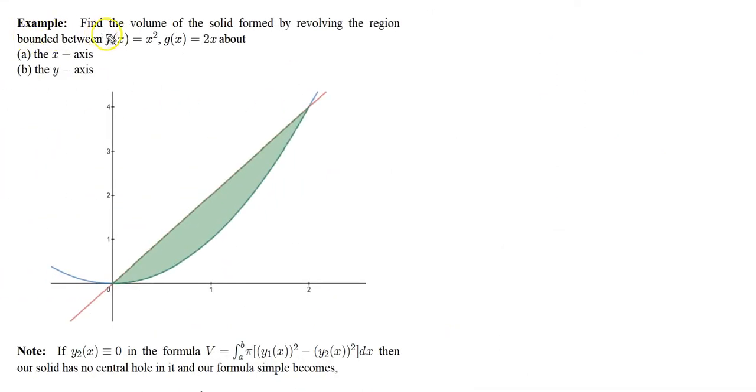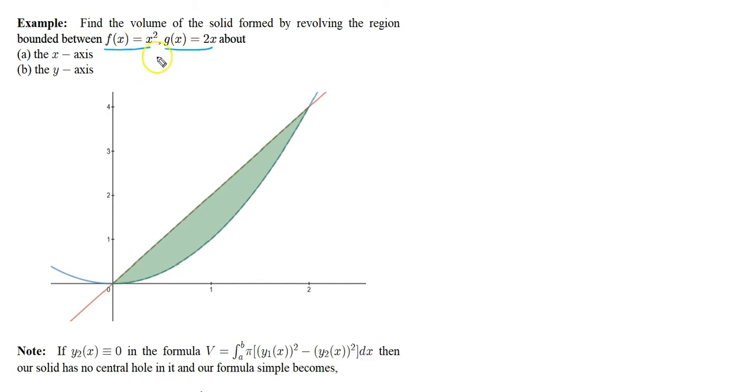So for this example, we want to find the volume of the solid formed by revolving the region bounded between these two graphs about both the x-axis and then the y-axis. So the first thing you want to do when you're doing these types of problems is to get a good understanding of the graphs of your function and the region that you're revolving about the x or y-axis.